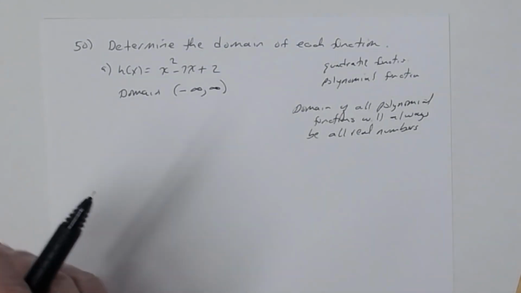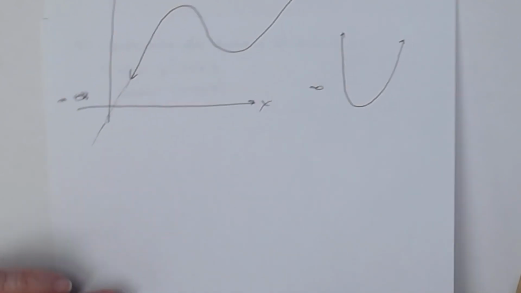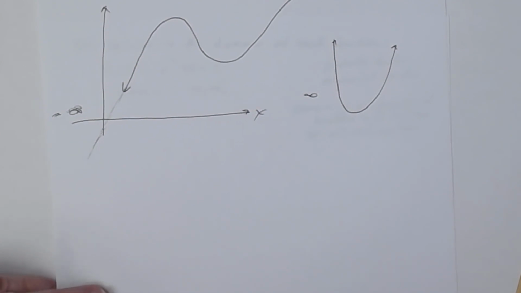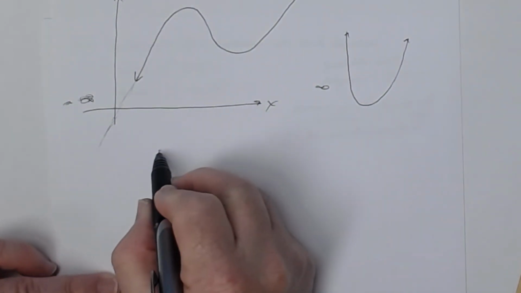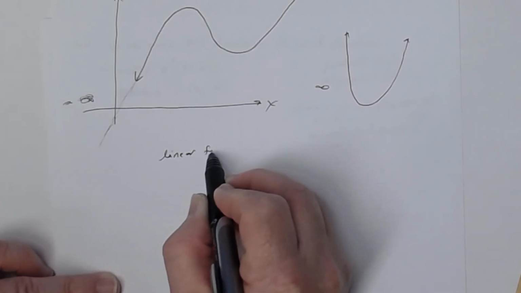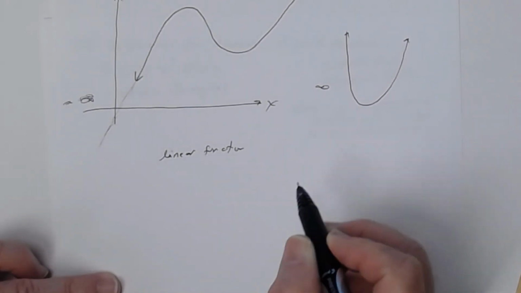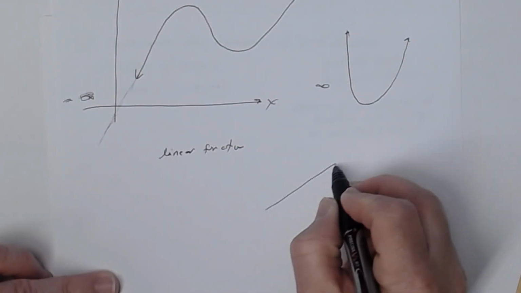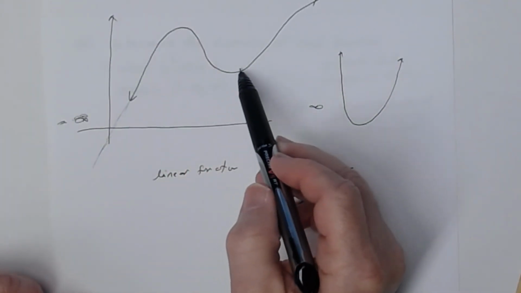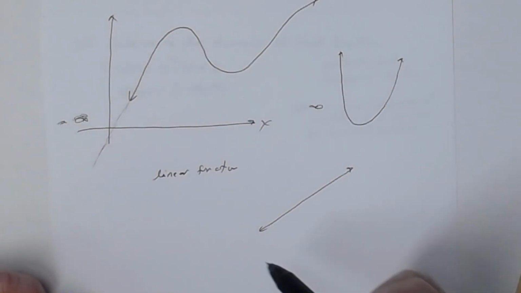Now, one polynomial function you need to be aware of that sometimes throws students is that of a linear function. A linear function looks like this, right? And so you may say, well, that doesn't look like these curves you're drawing. You're right, it doesn't.